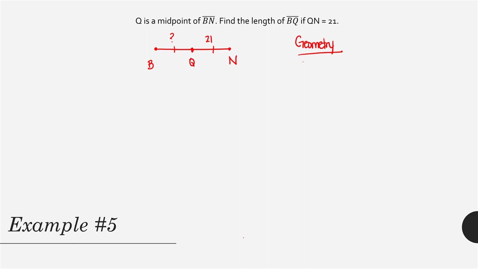So we know BQ equals QN because it divides it right in the middle. So BQ equals 21. And our reason here is the definition of midpoint.